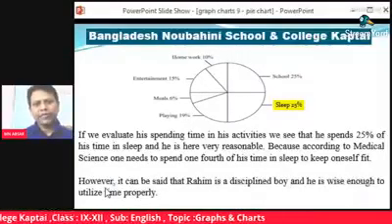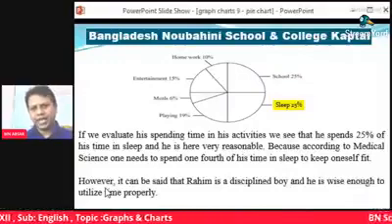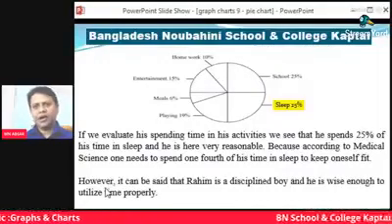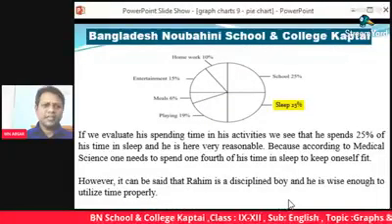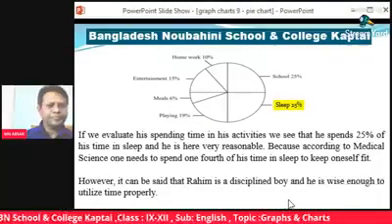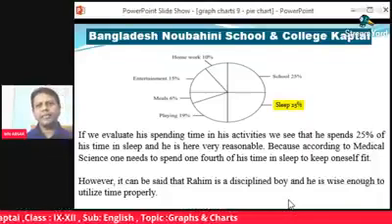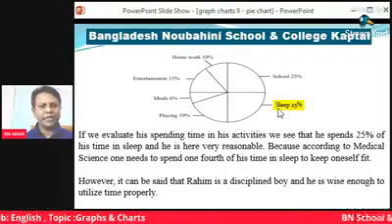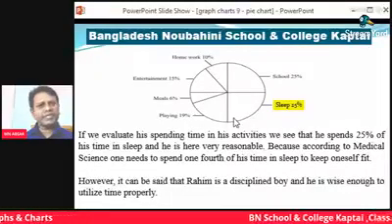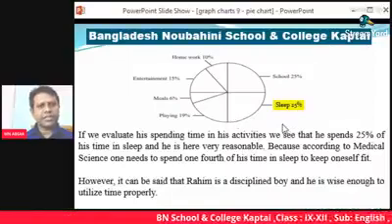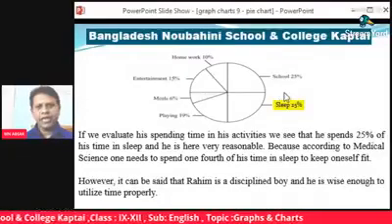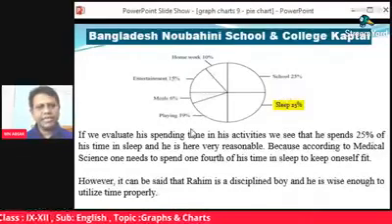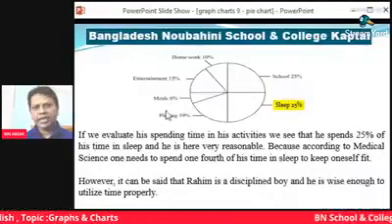However, it can be said that Rahim is a disciplined boy. Why is he called a disciplined boy? You see, he maintains his daily routine in a proper way. He spends his time for sleeping, he spends his time for schooling, that means he goes to school regularly, he plays every day, he takes his meals.